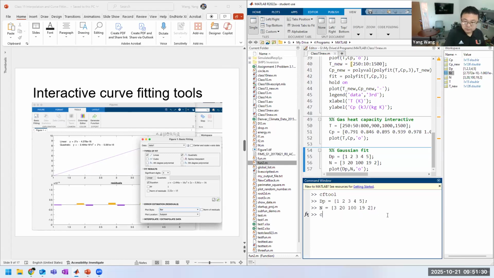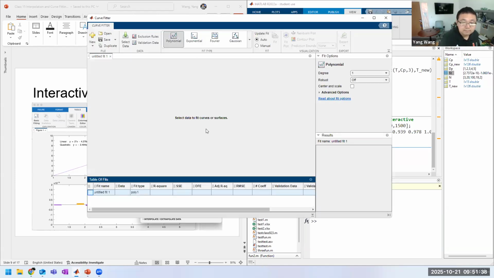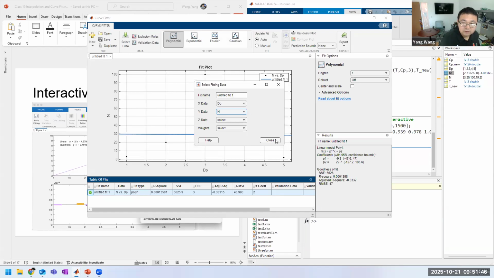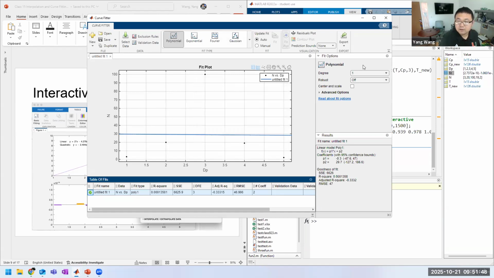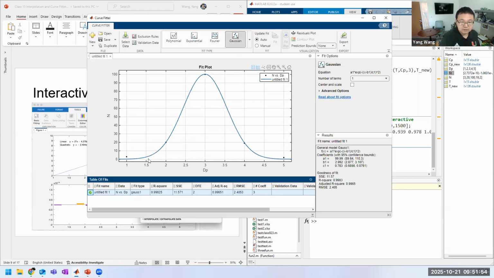So then we use the cftool and put in the particle size dp, with Y data being n. Right now the default is polynomial, but we can use Gaussian. You can see the Gaussian distribution almost perfectly matches what we're expecting.